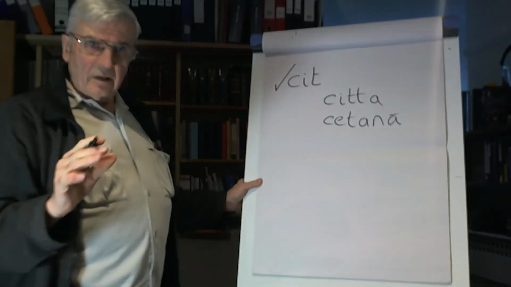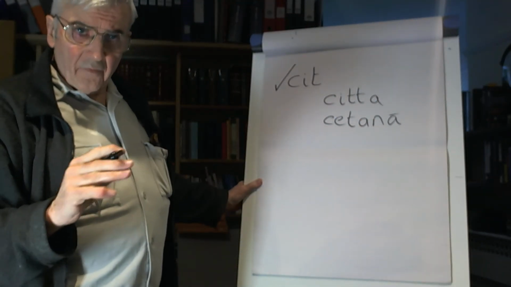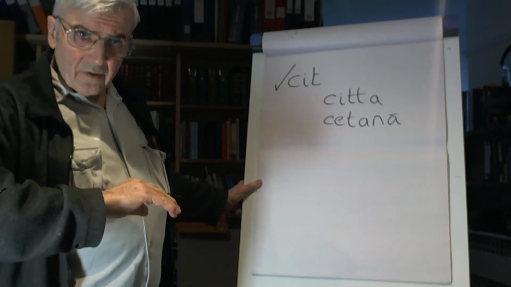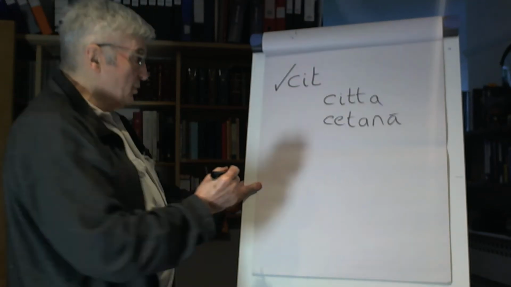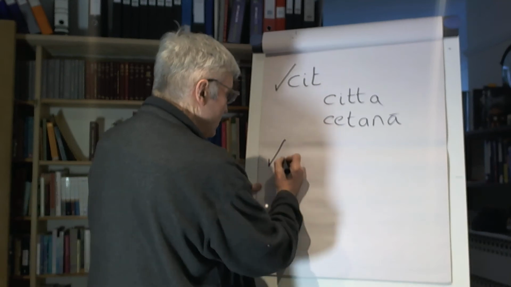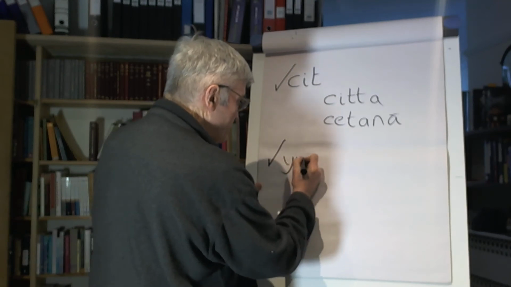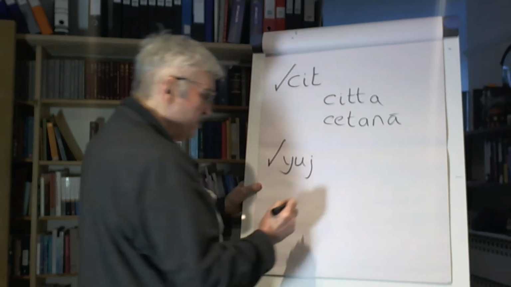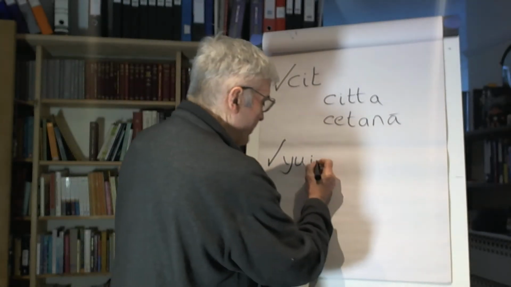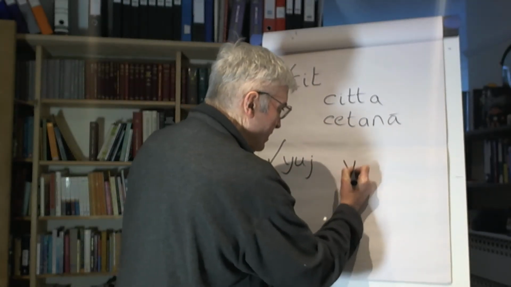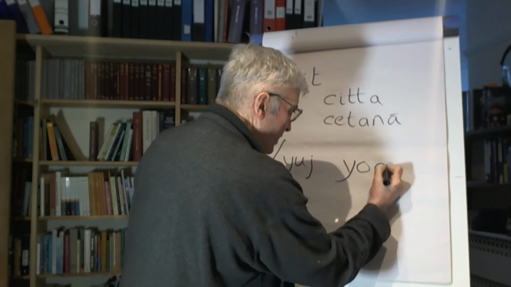Sometimes you get a little variation when the root then morphs into a usable word. So, for example, we have the root yuj, but from that root the j becoming a g, we get yoga.